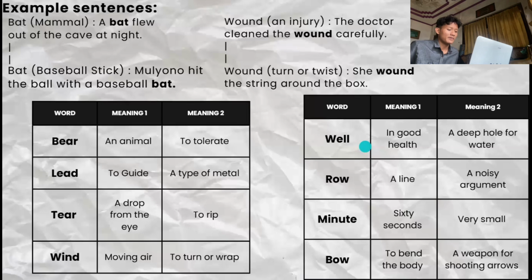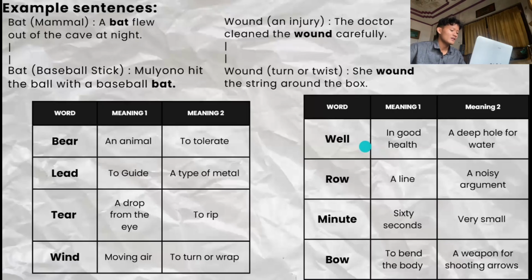And next, minute. Minute can be 60 seconds, or it can mean very small. Next is bow. Bow can mean to bend the body, and the other meaning is a weapon for shooting arrows.